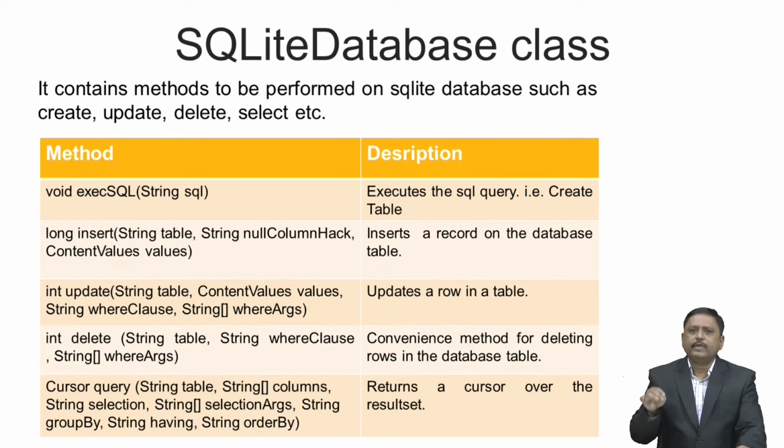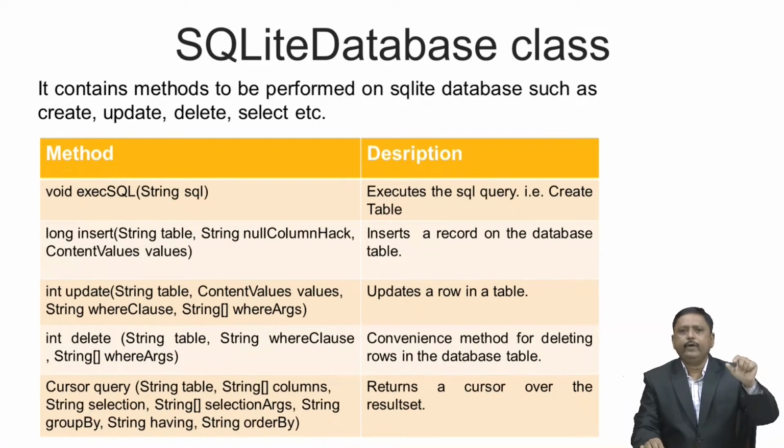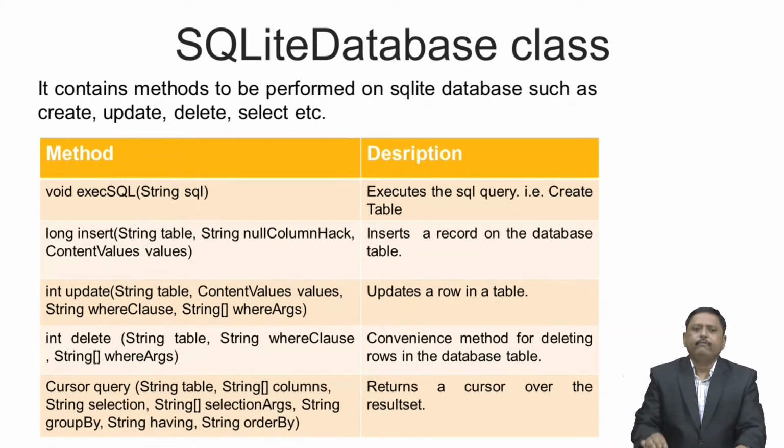But suppose I want to update the value of only the third ID or third student, then inside the where clause we have to specify the condition based on which the update operation can be performed, and what value you want to specify in the where clause is actually given inside where arguments, right.